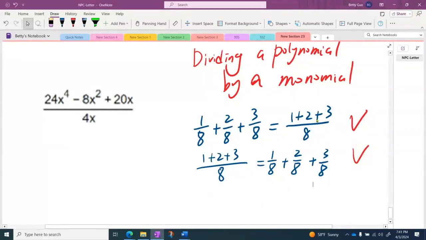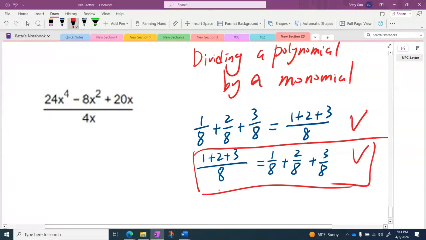All I did is switch the sides of the equation. If you agree with the first equation, then you should agree with the second equation as well. And the second equation is the rule I want you to remember, because we are going to apply the rule to divide a polynomial by a monomial.